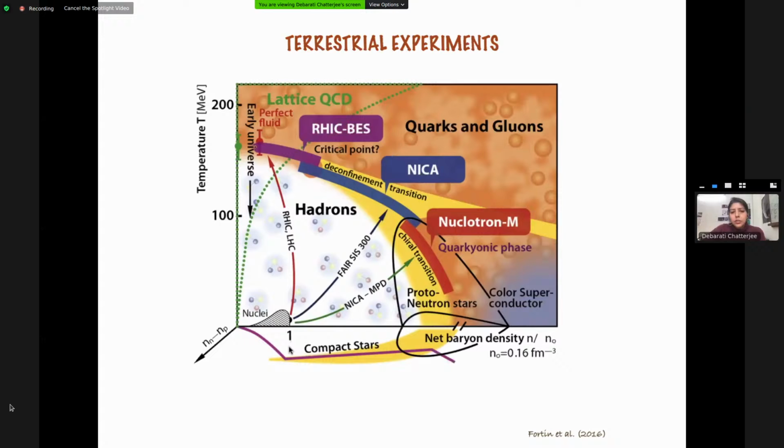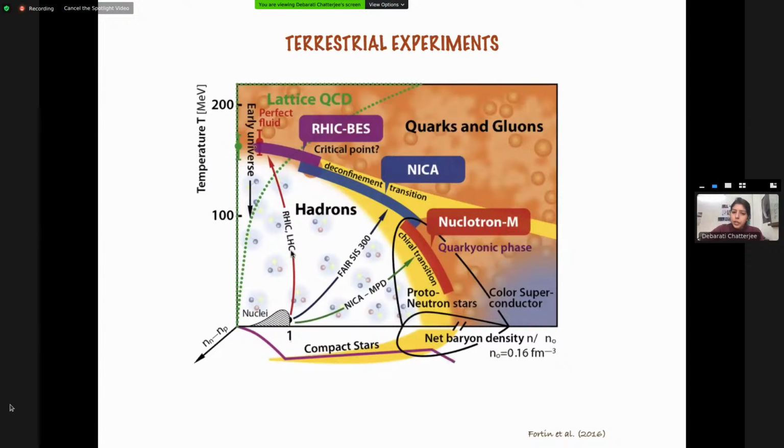On the other hand, you see all these arrows marking the heavy ion collision experiments. These are experiments performed at large accelerator facilities, like the Large Hadron Collider and the Relativistic Heavy Ion Collider. You have heard of the CERN facility in Geneva.